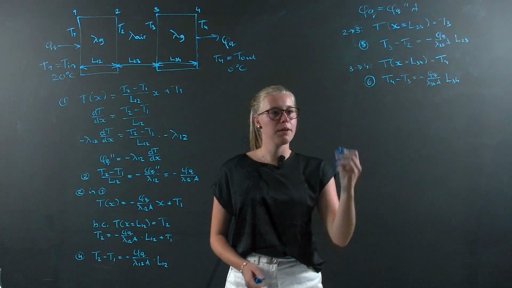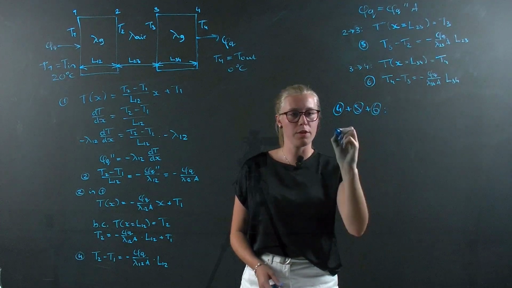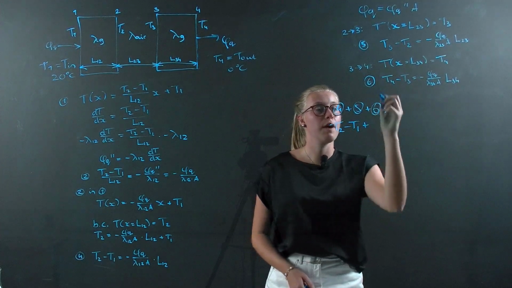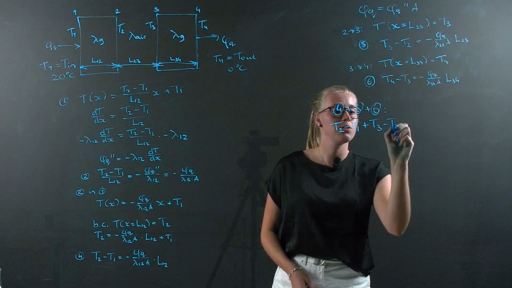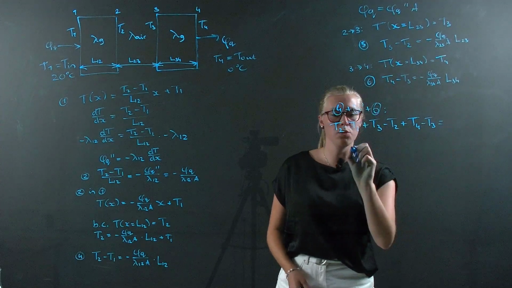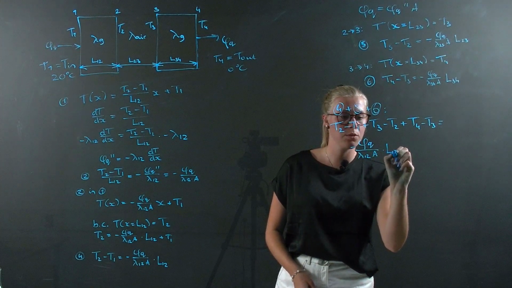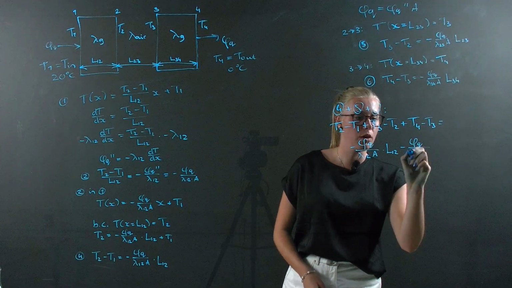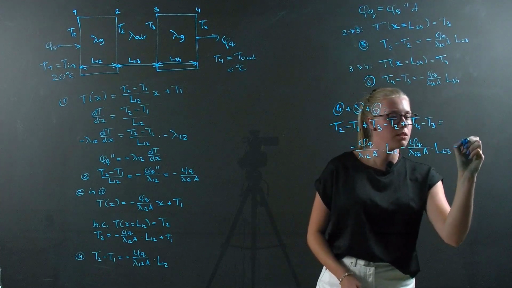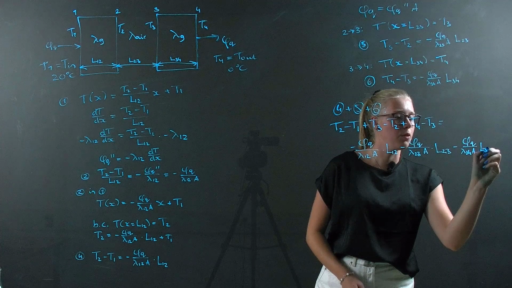In the next step, we add up equations 4, 5 and 6. First, from equation 4 we find T2 minus T1, plus equation 5, T3 minus T2, plus from equation 6, T4 minus T3, is equal to minus Φq over lambda 12 times A times L12, minus Φq over lambda 23 times A times L23, minus Φq over lambda 34 times A times L34.